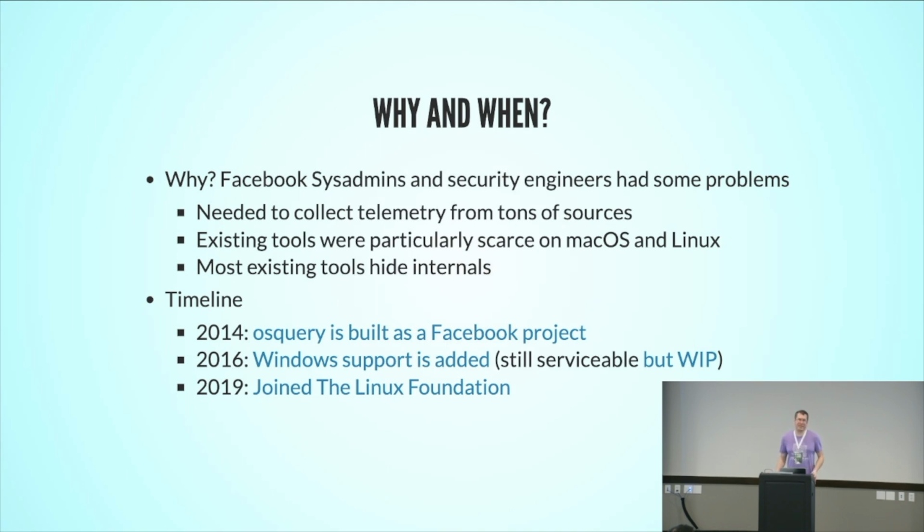And the tooling just kind of wasn't there for particularly Mac OS and Linux. And even if the tooling was there, it was kind of a black box. You couldn't really see what made it tick, and if there was some issue with that parsing for some reason, then you couldn't necessarily fix it.